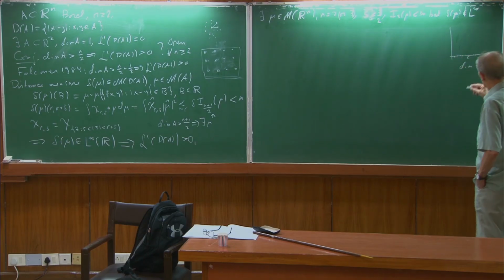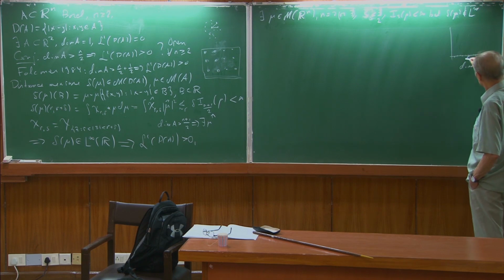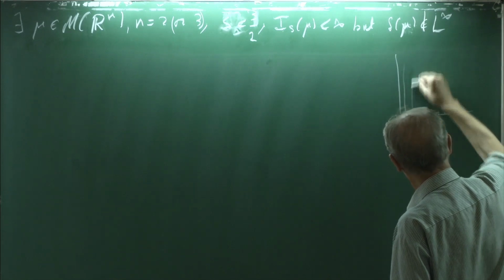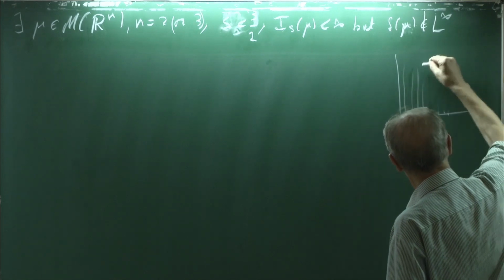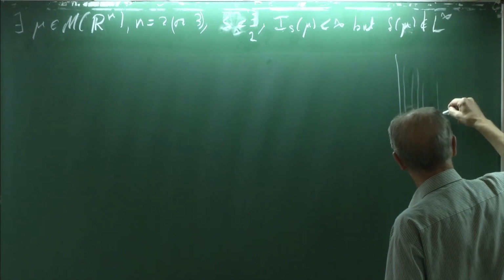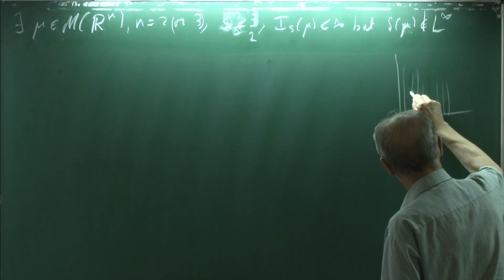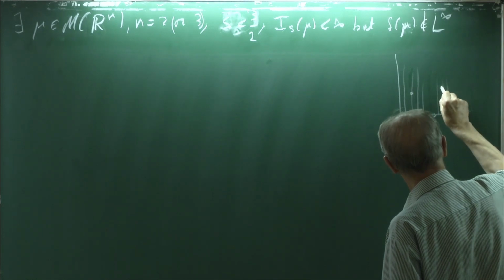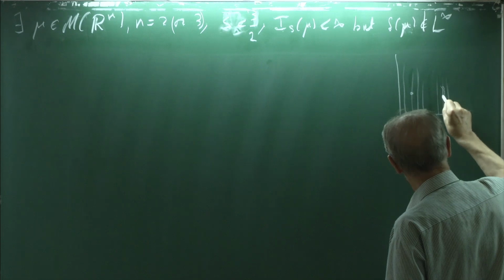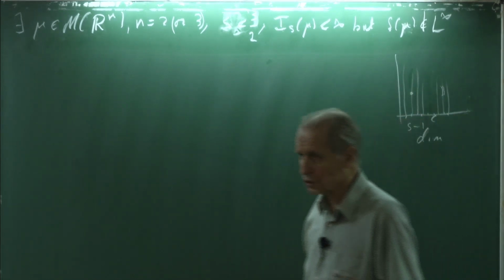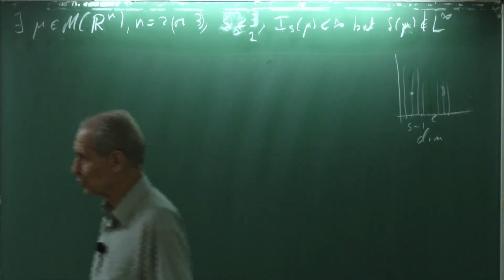You take here some (s-1)-dimensional measure on a Cantor set, and then you take this in Cartesian product with intervals, and then you can rather easily estimate that if you take a point here and you look at the distances here, then there is much concentration on some annuli here, and that will then cause delta mu not to be bounded.